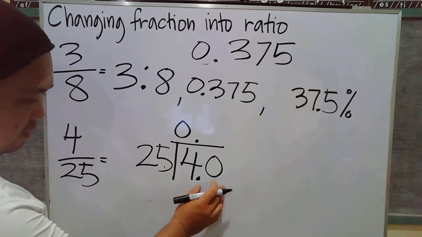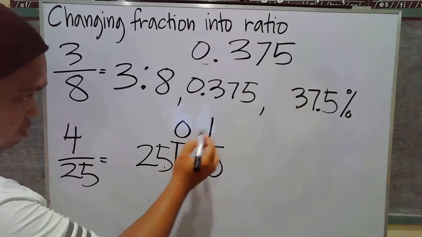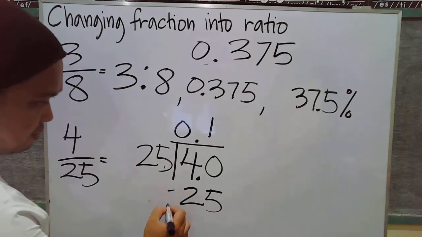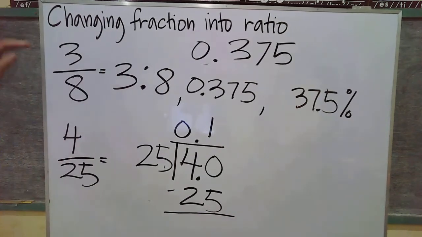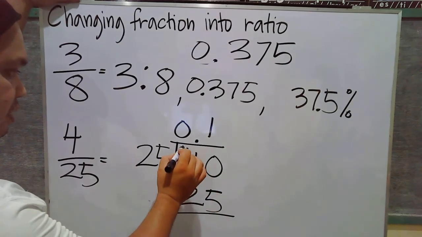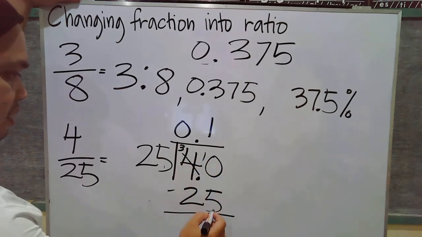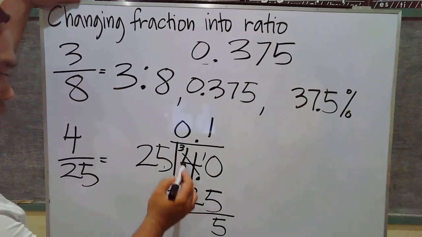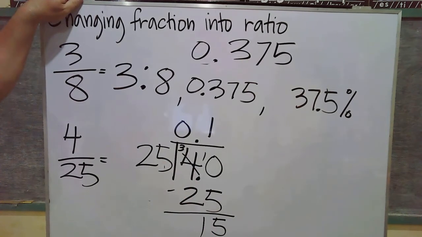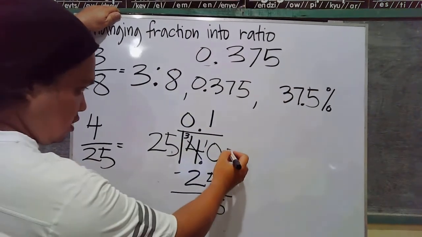Now 40 divided by 25 is 1. Okay? Now 1 times 25 is 25. Subtract. Okay? 40 minus 25. 0 minus 5 becomes 3. 4 will become 3. 0 will become 10. And 10 minus 5 is 5. And 3 minus 2 is 1. So we have 15. Now 15 divided by 25 cannot be done. So let's add 0.